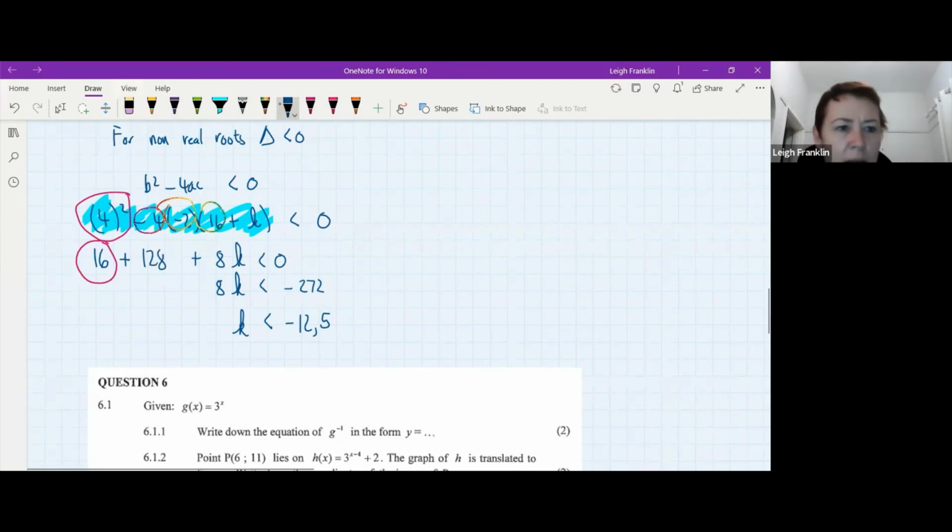Okay, so now hang on a second. I think the answer was correct. So we've got 16 and 128, which gives us 144. Okay, that's better. So over here we've got negative 144, and then if we divide negative 144 by 8, I think it is -12.5.